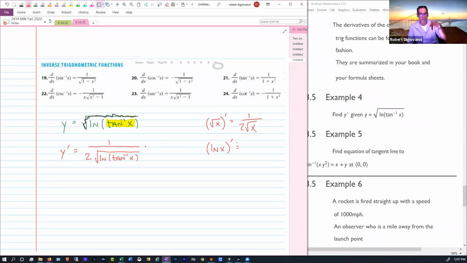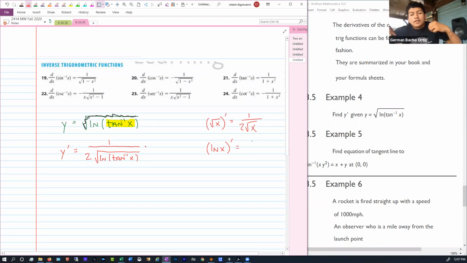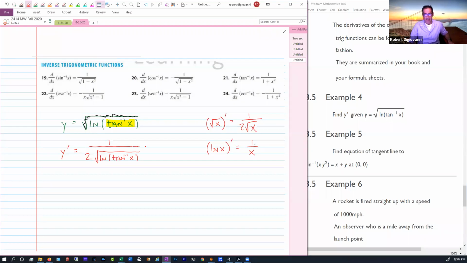I'm not saying today, but from here on out, you should have this one memorized. Isn't it 1 over x? It's just 1 over x. So the derivative of natural log of something is just 1 over that something. So for us, the derivative of natural log of arctangent of x is just 1 over arctangent of x.